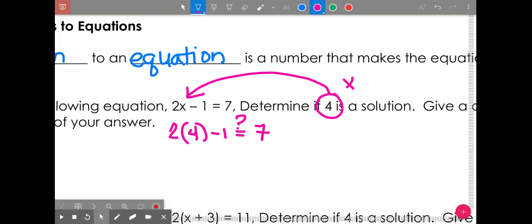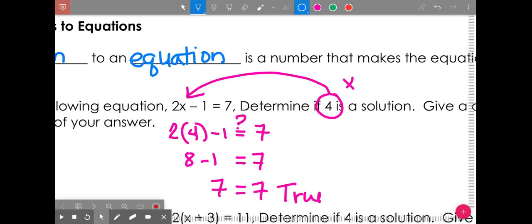Okay, so 2 times 4 is 8. Minus 1, is that 7? Well, yeah. 8 minus 1 is definitely 7. 7 equals 7. This is most definitely true.